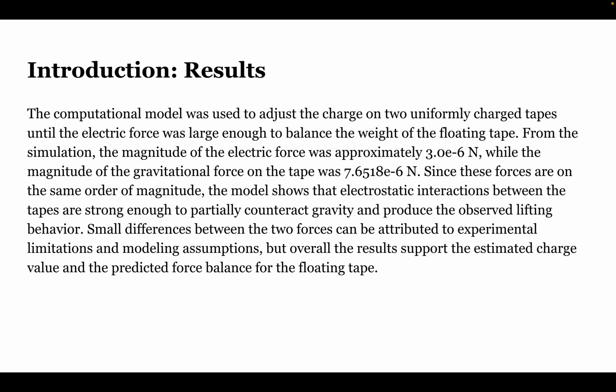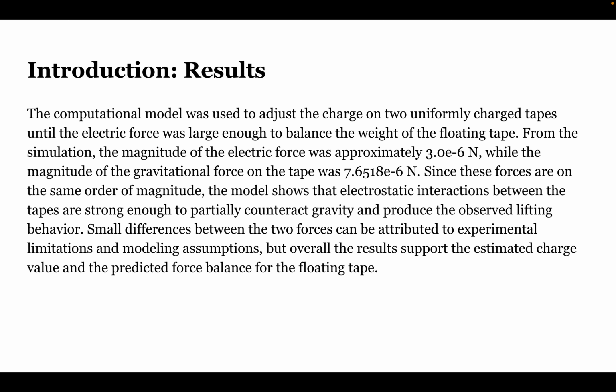So, the results of the experiment: in the computational model, it was adjusted to treat the two uniformly charged tapes more as strips instead of point charges, so it's uniformly charged across a line. The magnitude of the electric force was approximately 3.0 e to the negative 6 newtons, while the magnitude of the gravitational force on the tape was 7.6518 e to the negative 6 newtons.